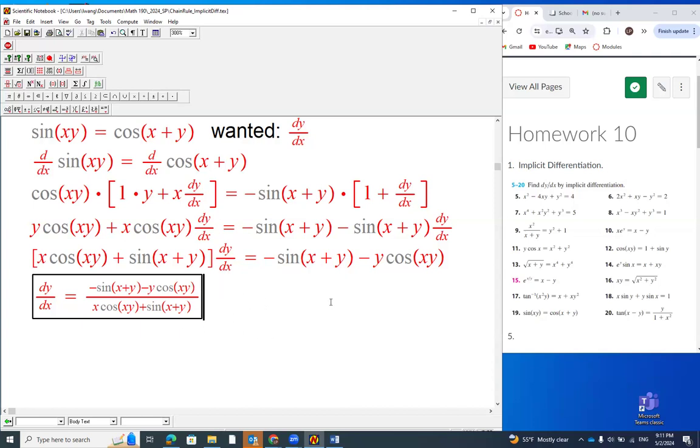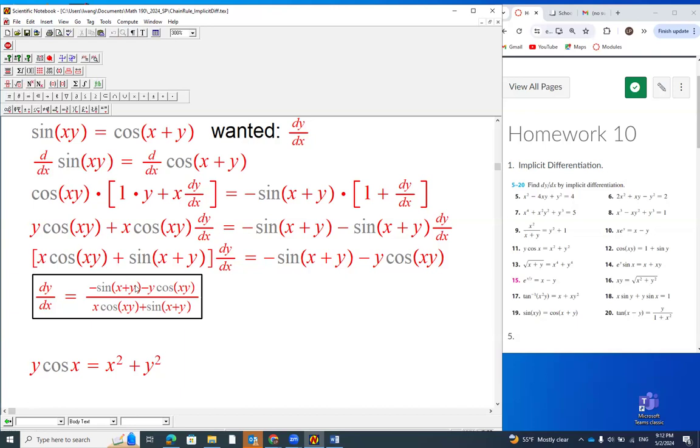All right. I think we might have just a little extra time. I think I'm going to do number 11. Number 11 goes like: y multiplied by cosine x equals x squared plus y squared.